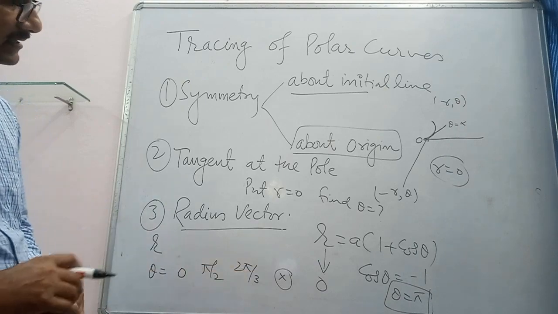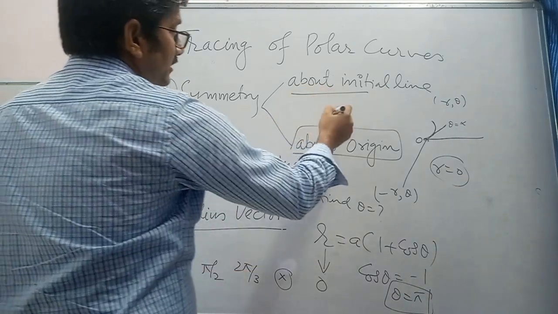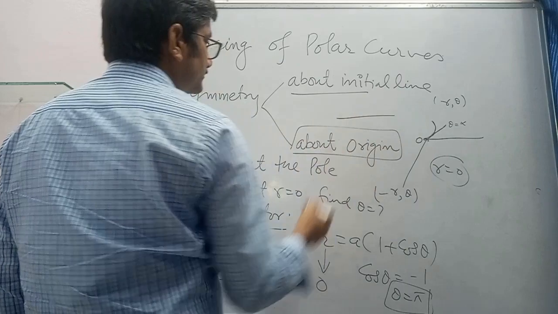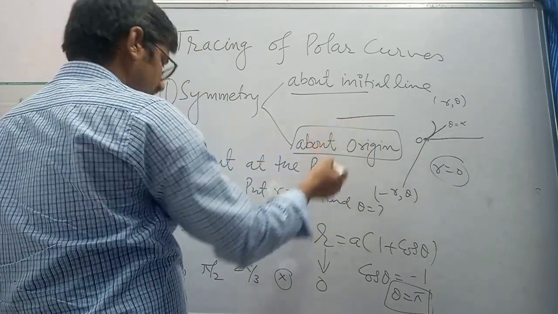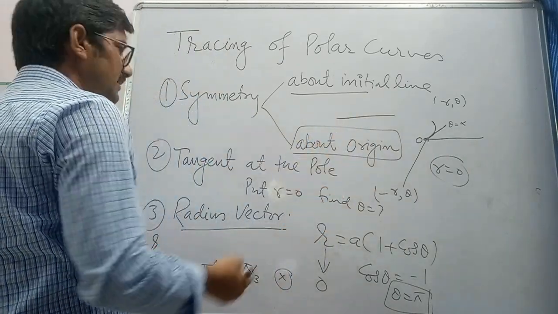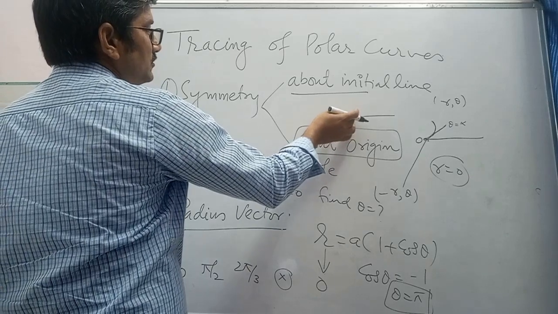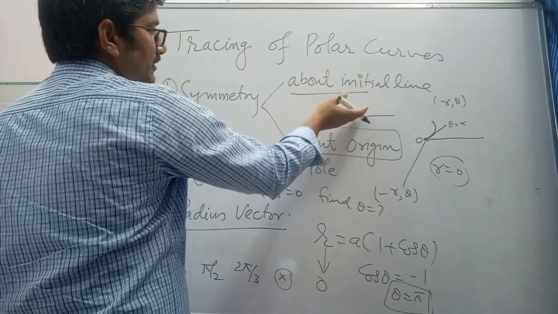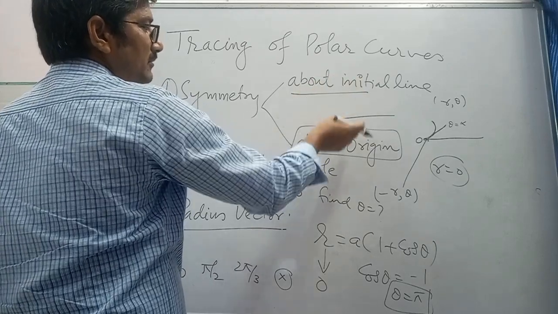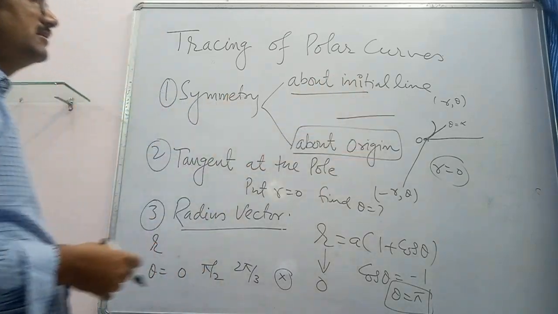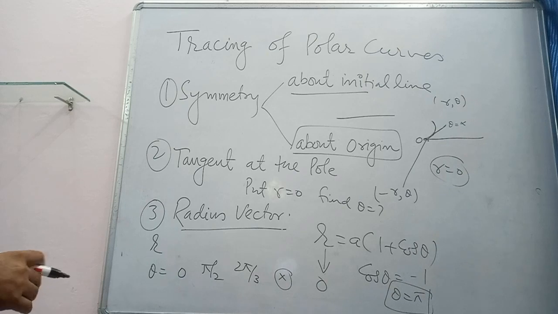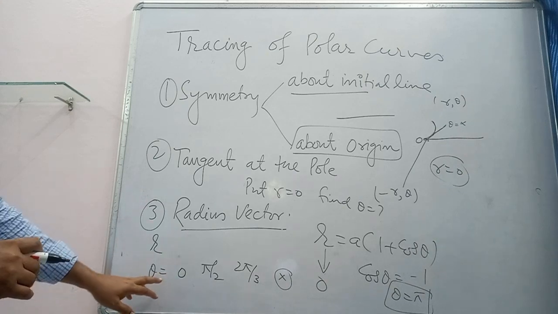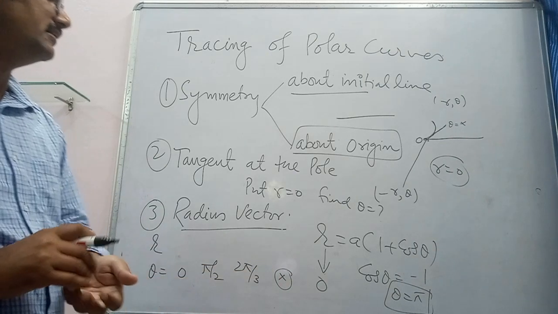And since this curve is symmetric about the initial line, we will find the values of r only for theta 0 to 180 degree, because if the curve is symmetric about the initial line, we can trace above, and with the help of the symmetry we can trace below the initial line. So it is sufficient to take the values of theta from 0 to 180 degree only.